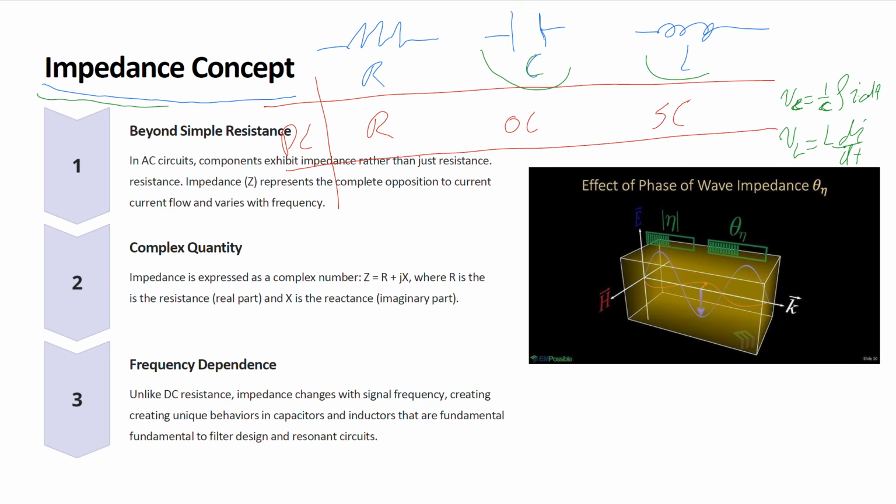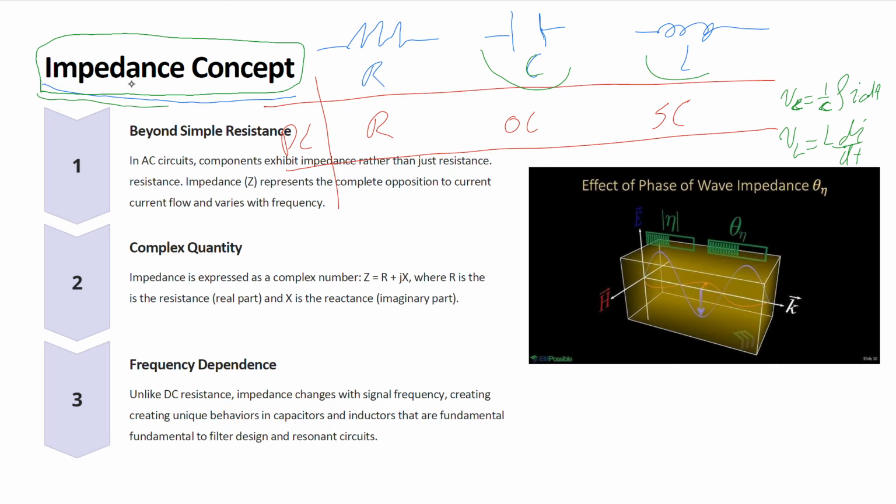But as we know, it's very hard to analyze a complex circuit and at the same time deal with integral and differential equations. So we are going to introduce another concept named impedance, which you probably also heard about when you talked about the S domain and Laplace transform.